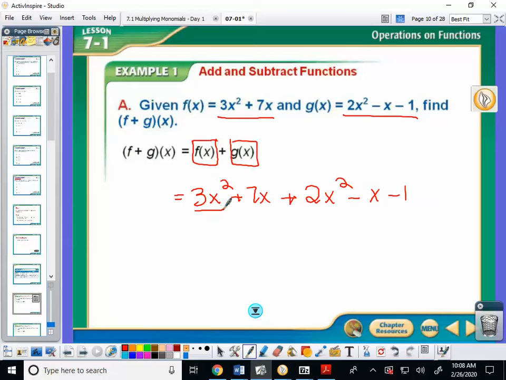So 3x squared plus 2x squared is 5x squared. I'm going to cross them off as I use them just to show that I don't have them anymore. 7x minus x is 6x, and then my constant minus 1. Okay. None of those are like terms, don't go any further. So that's what I mean when I say f plus g of x. I'm simply just adding the two parts of the function.